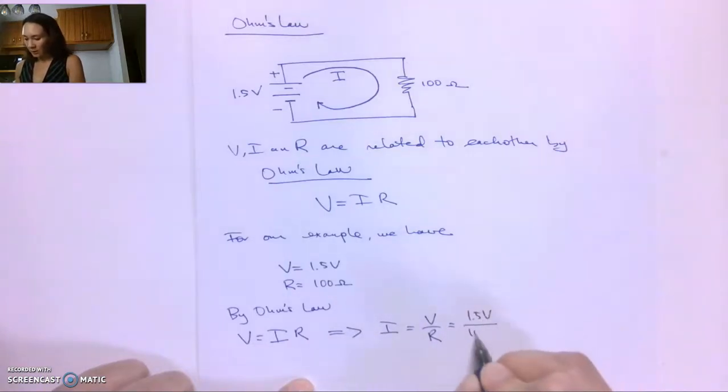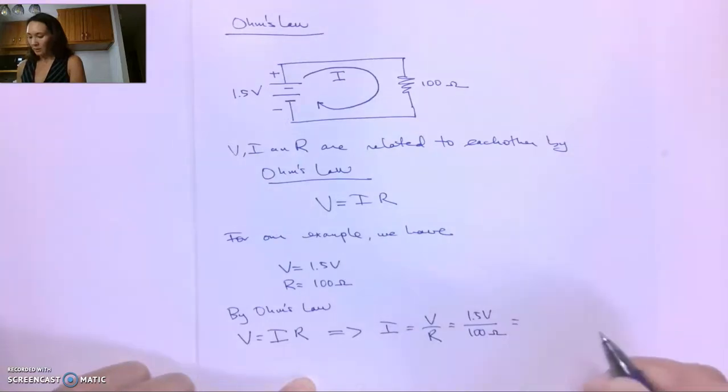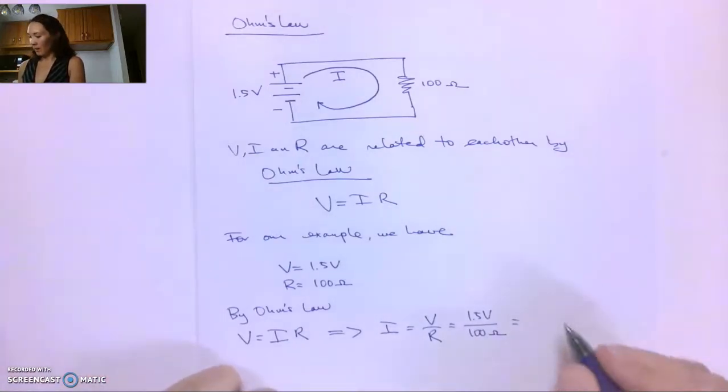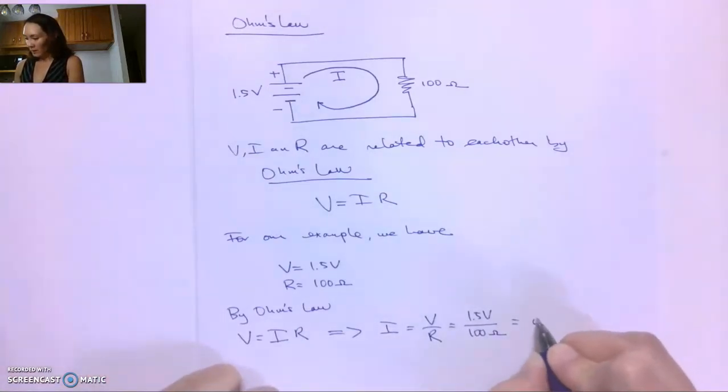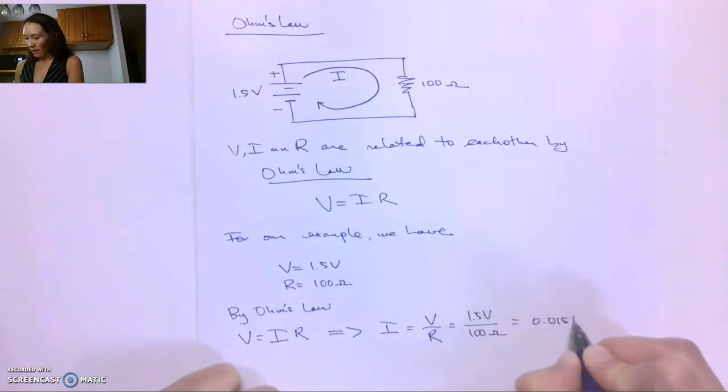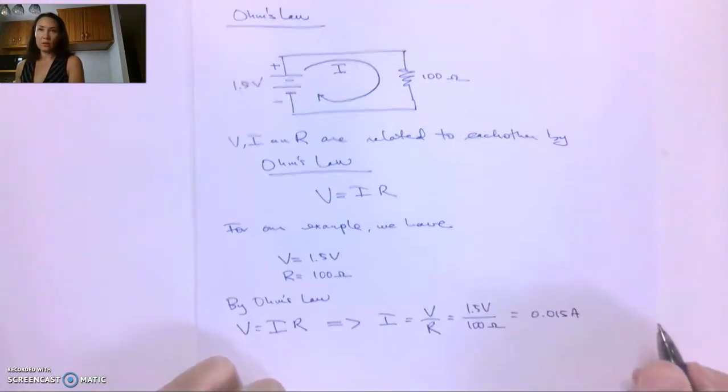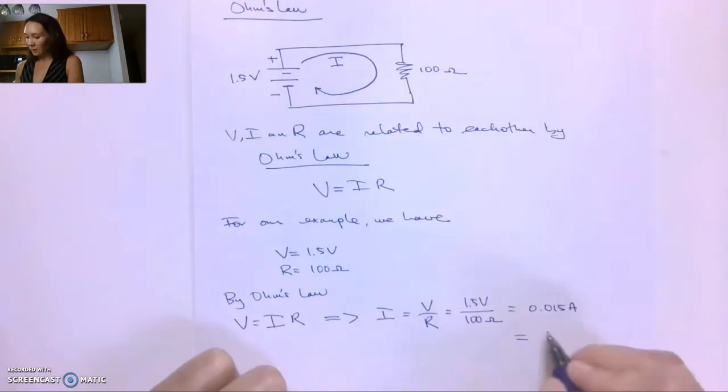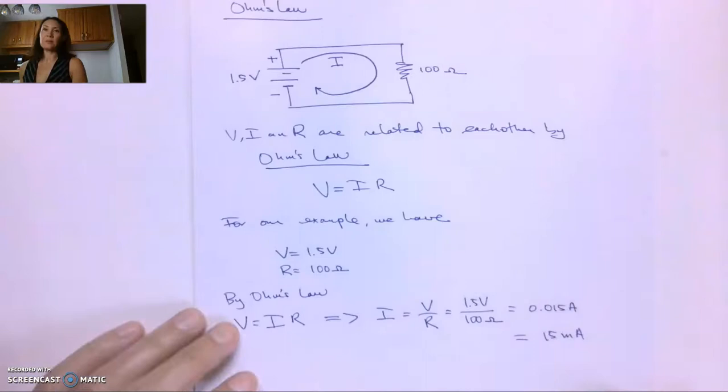The resistance in our circuit is 100 ohms. So we take 1.5 and divide by 100. We get 0.015 amps, amps being the unit of current. This can also be stated as 15 milliamps.